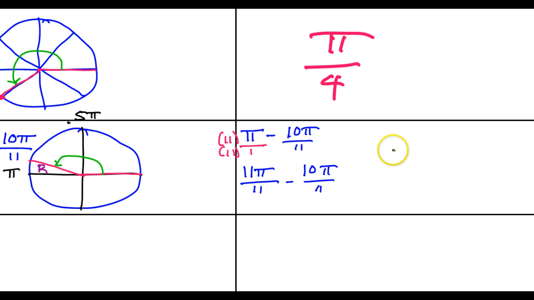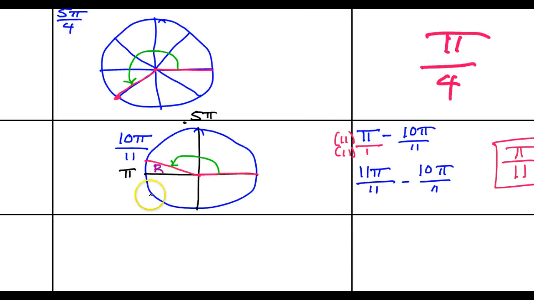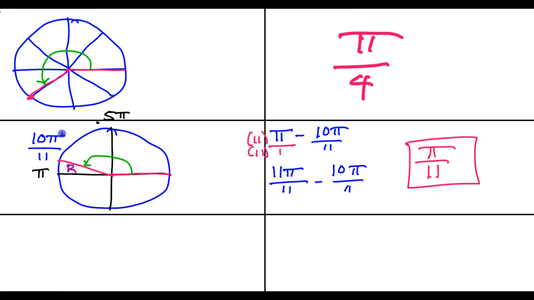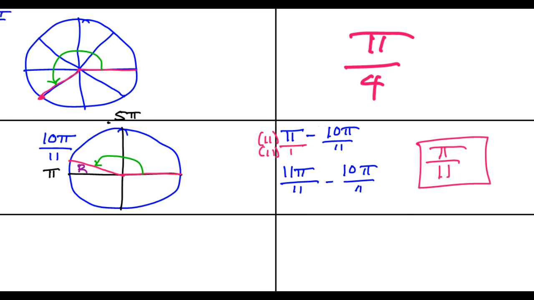So that's going to make it just pi over 11. Okay, so that will be the reference angle. Now that made it look like it works just like the special angles do. Oh, look, it's just pi over 11. But that's not always the case, so don't just think you stumbled on a magical shortcut that you can use all the time, because that will not always work, my friends.